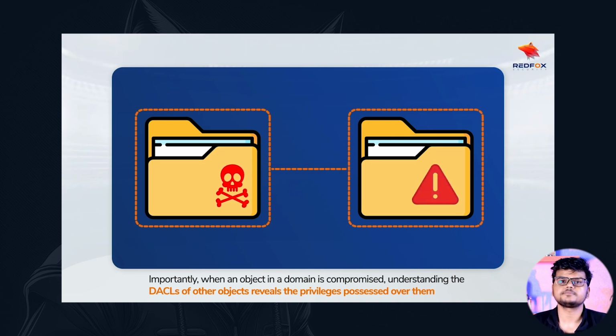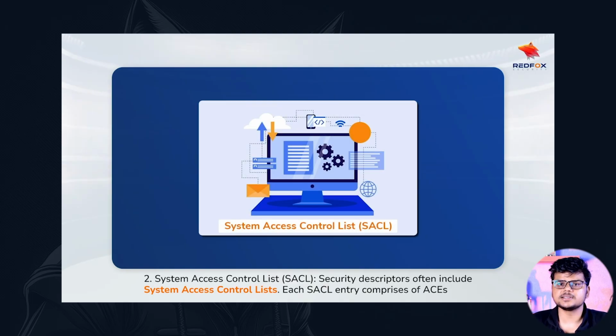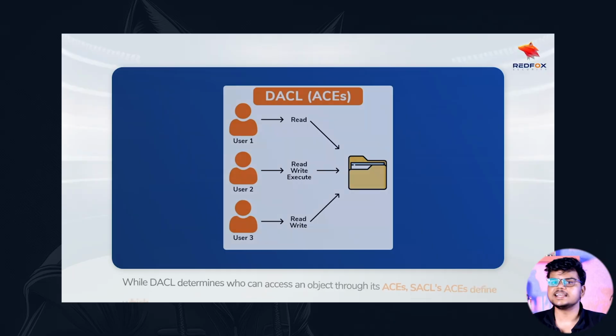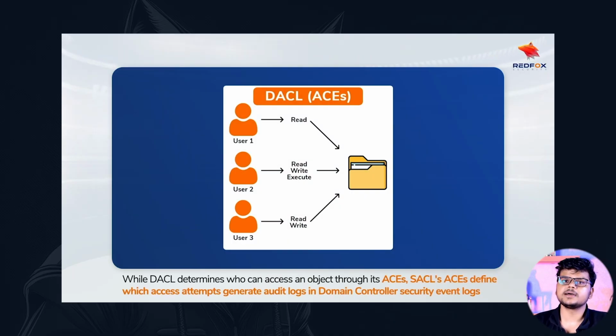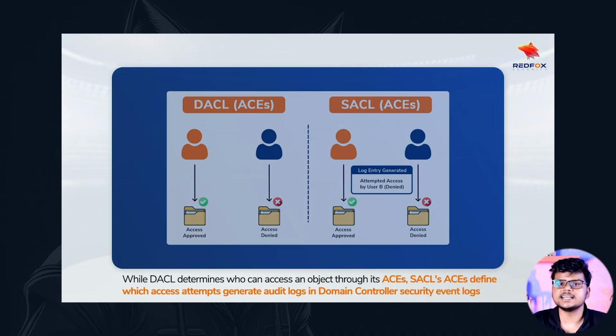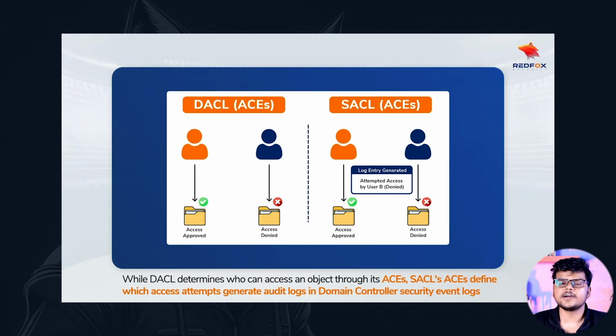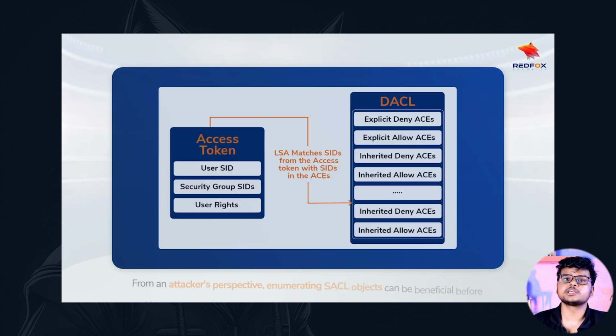The second type is the System Access Control List, SACL. Security descriptors often include System Access Control Lists. Each SACL entry comprises ACEs, while the DACL determines who can access objects through its ACEs. SACL's ACEs define which access attempts generate audit logs in the domain controller security event logs.